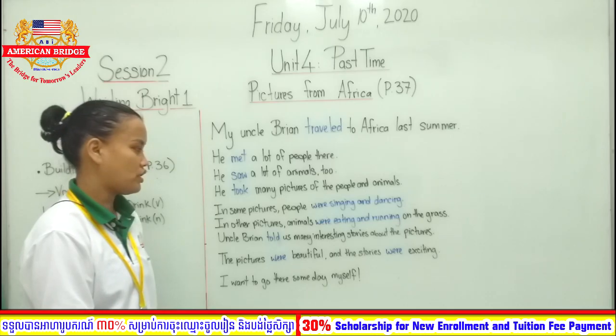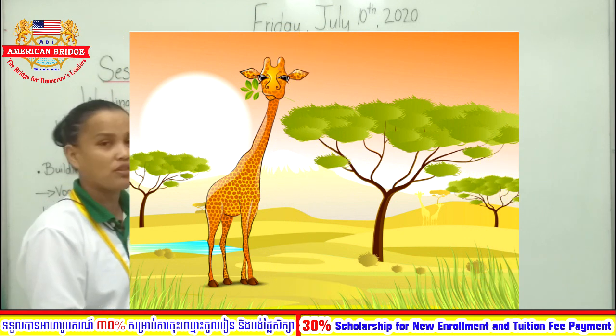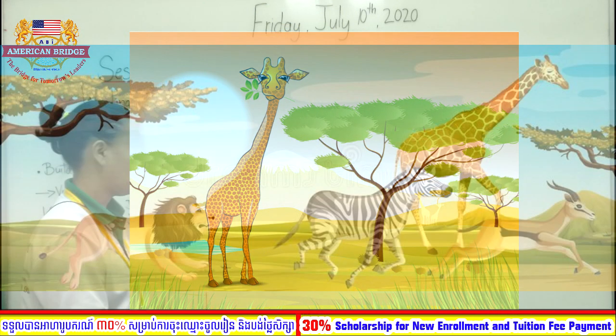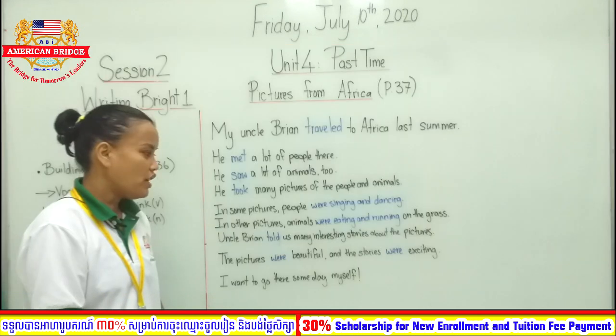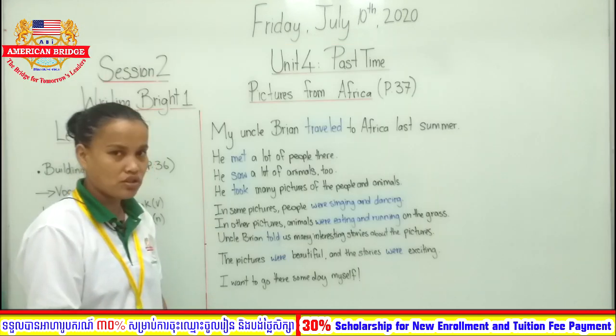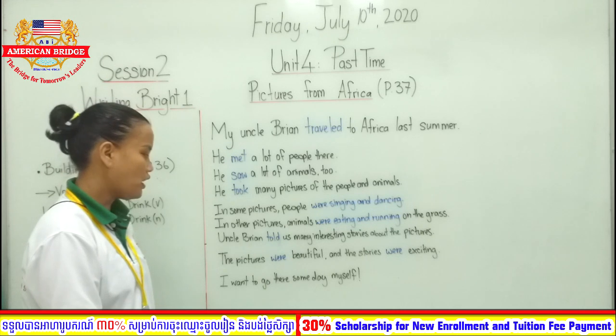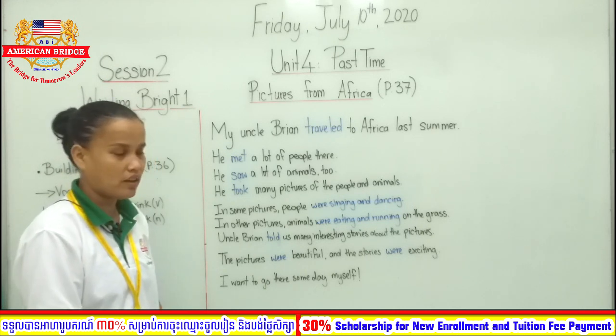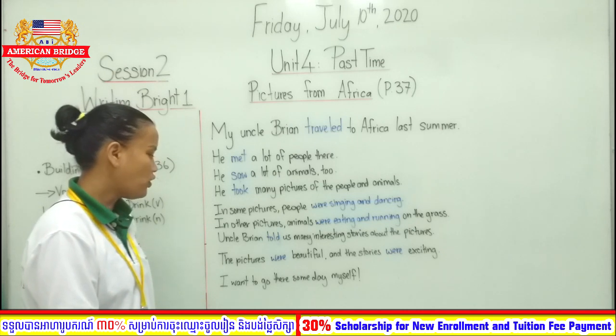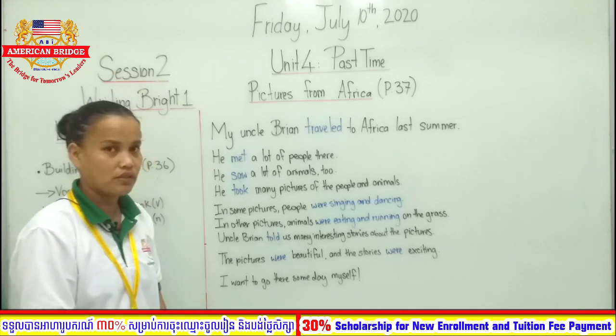In other pictures, animals were eating and running on the grass. Uncle Brian told us many interesting stories about the pictures. The pictures were beautiful and the stories were exciting. I want to go there someday myself.